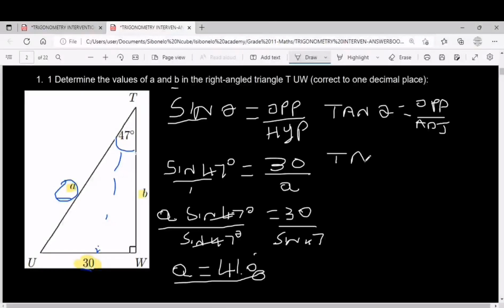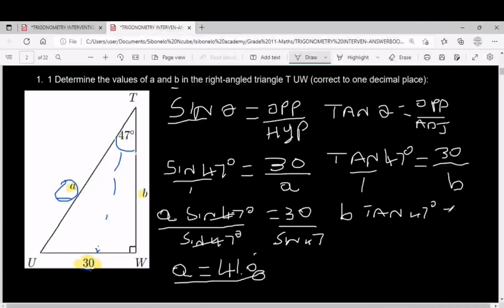So we have tan 47 degrees equals the opposite side, 30 units, over the adjacent, which is b. We want to solve for b. Again we cross multiply: tan 47 times b equals 1 times 30.